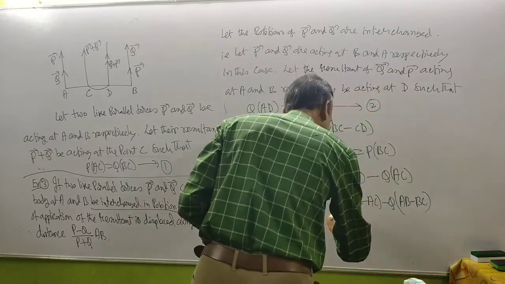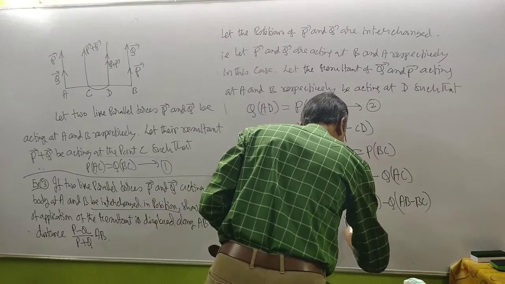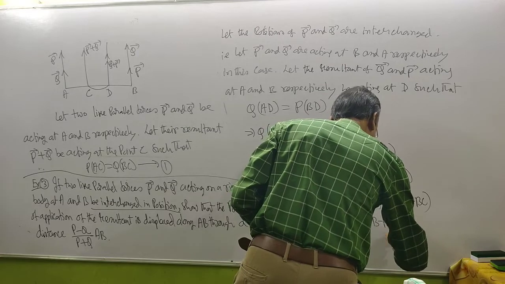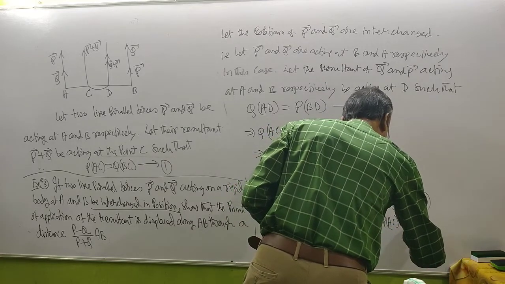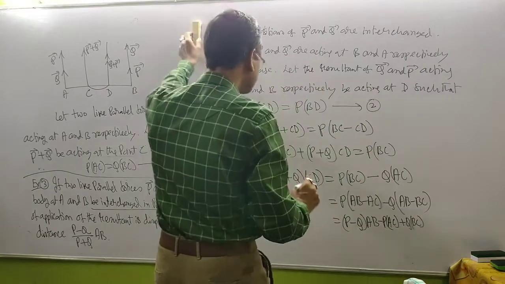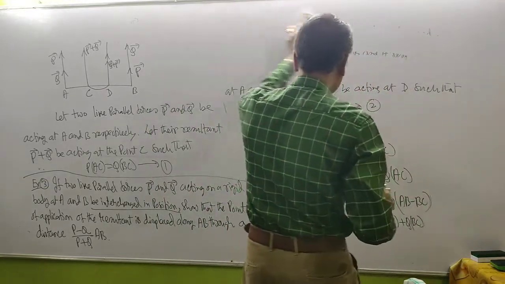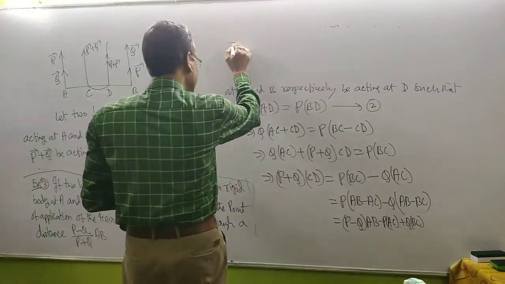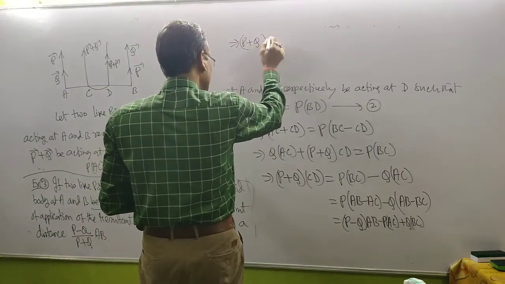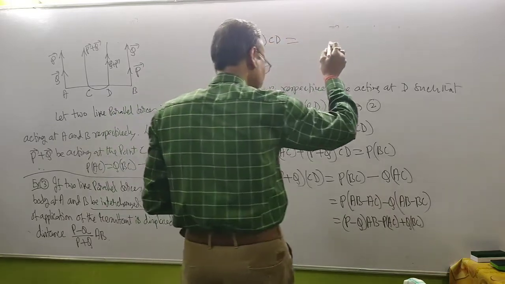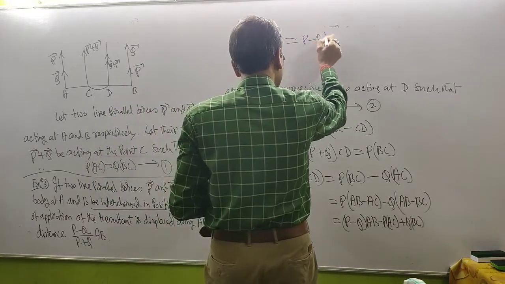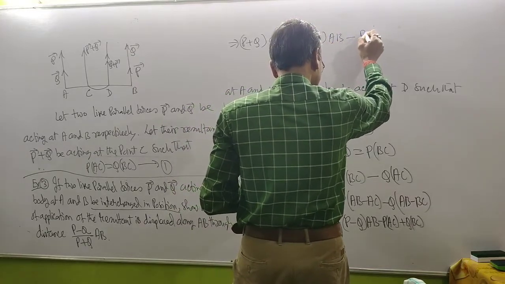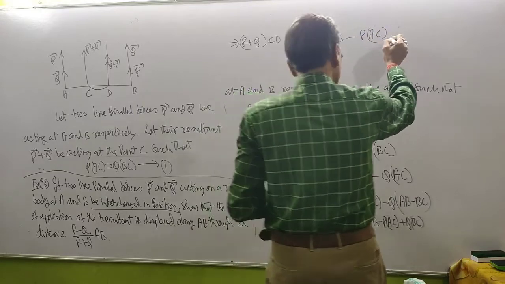This is equal to (P minus Q) into AB minus P into AC plus Q into BC. This means (P plus Q) into CD is equal to (P minus Q) into AB minus P into AC plus Q into BC.